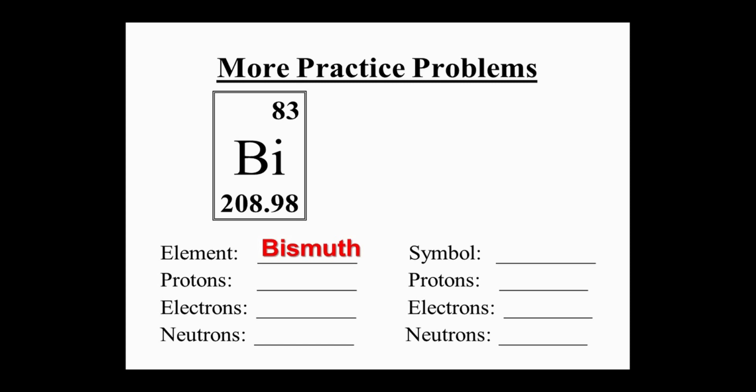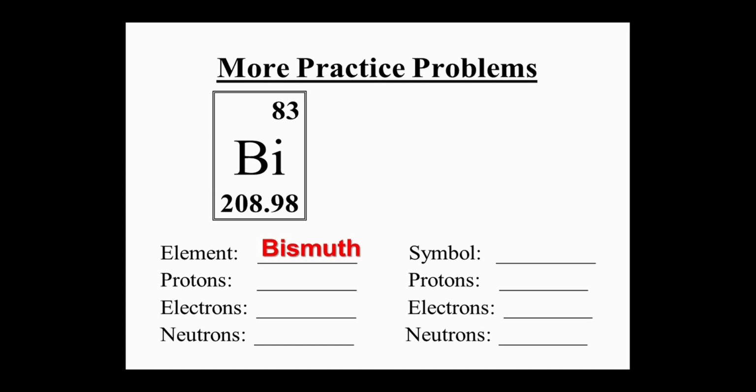So first thing we got to do is take that average atomic mass and round it to the nearest whole number. So it's 208.98, which rounds closest to 209. So that's our mass number of the most common isotope. So how many protons?